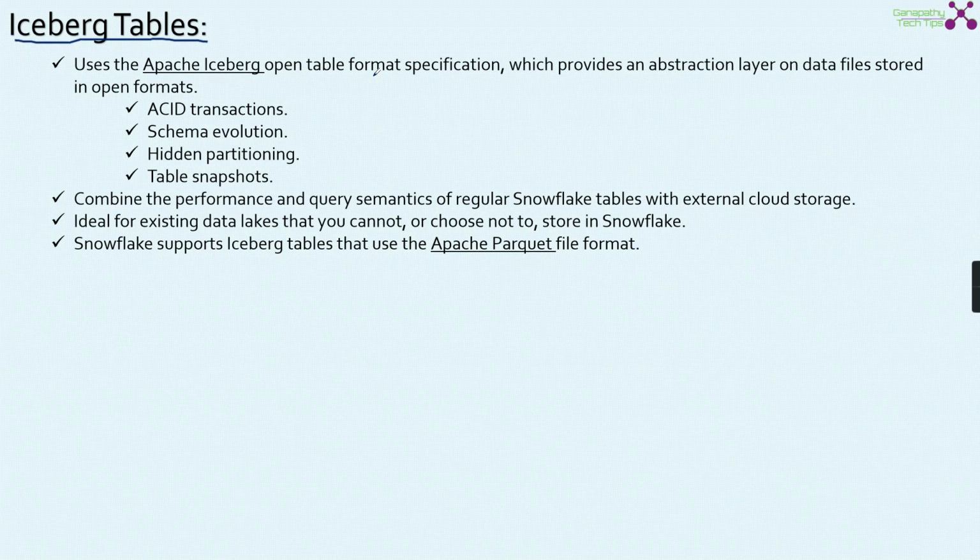All of these are open source file formats, so we can utilize them to implement the typical ACID-based mechanism, schema evolution, hidden partitioning, and table snapshots. So Apache Iceberg is quite an interesting and good open source file format which we discussed.